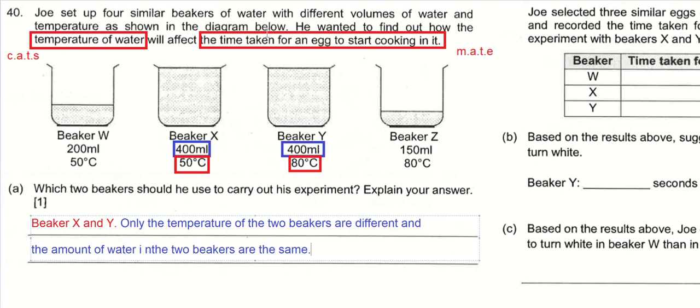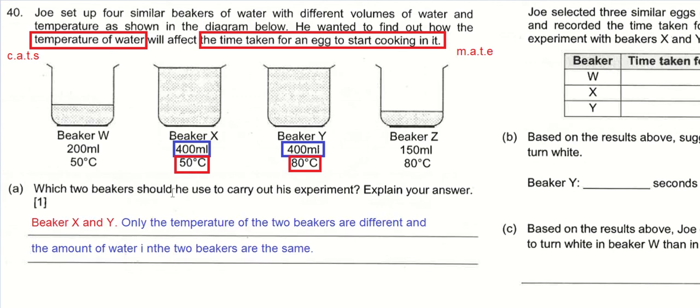Then, where is the compare? The compare is this one. You have compared it, and you know that only the temperature of the two beakers are different, and the amount of water in the two beakers are the same.